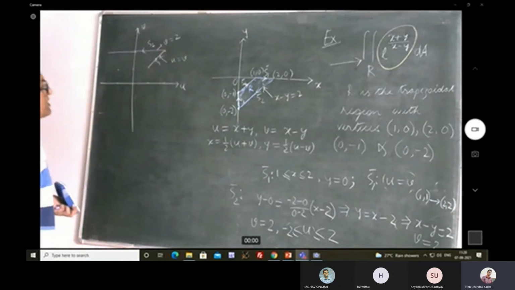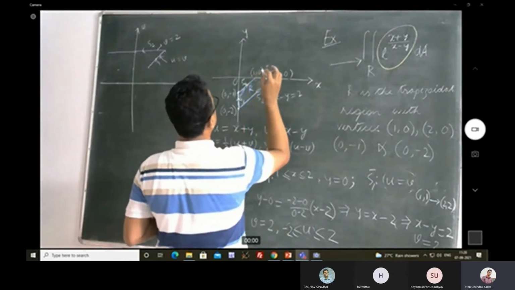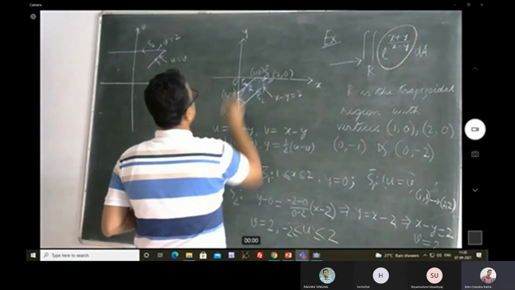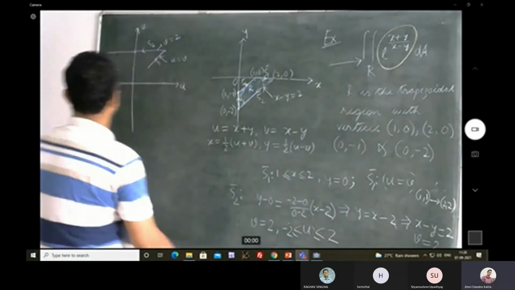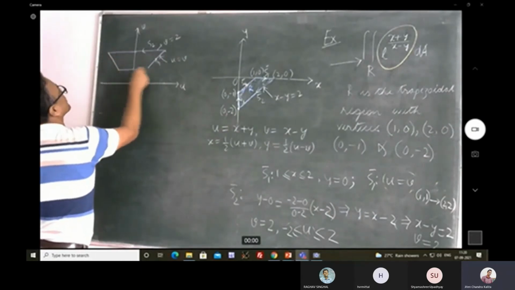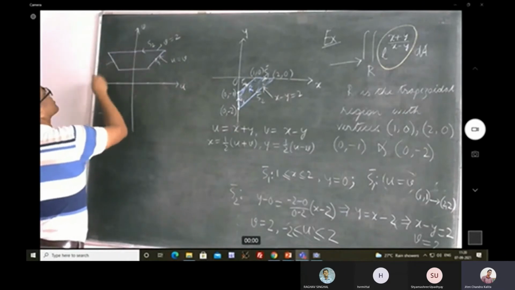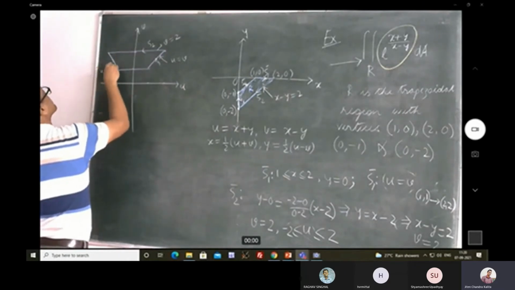Similarly, we'll see that. For this S3, you can try it yourself. This is going to be u equal to minus 3.